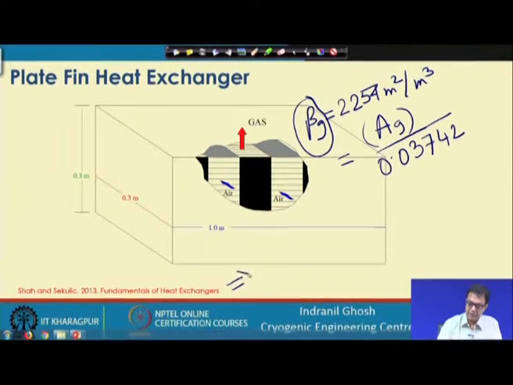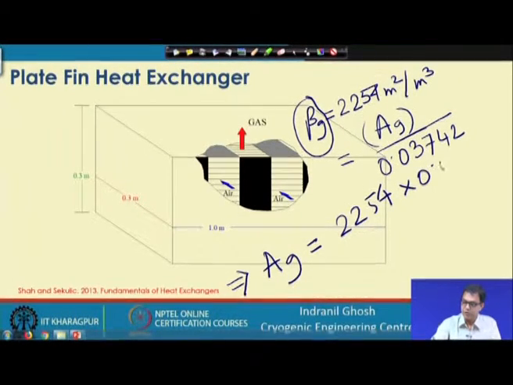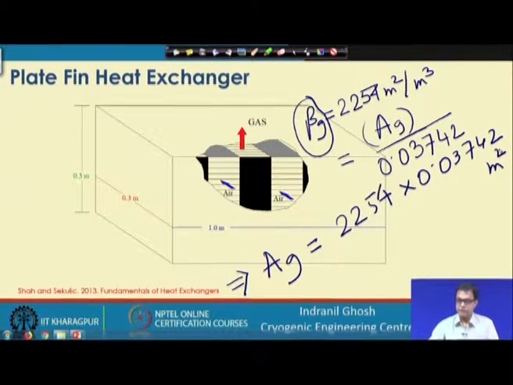So, we have A for the gas side equals 2254 multiplied by 0.03742. So, this many meter square is the surface area associated with the gas side.